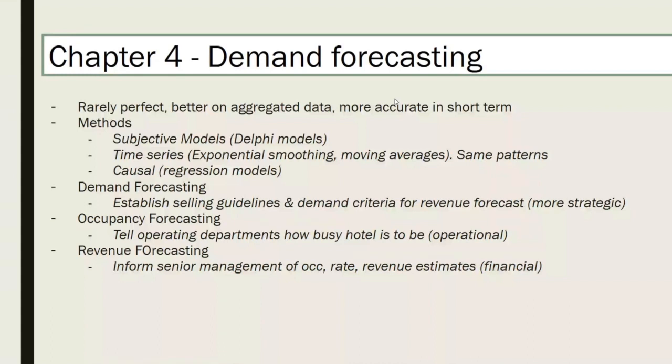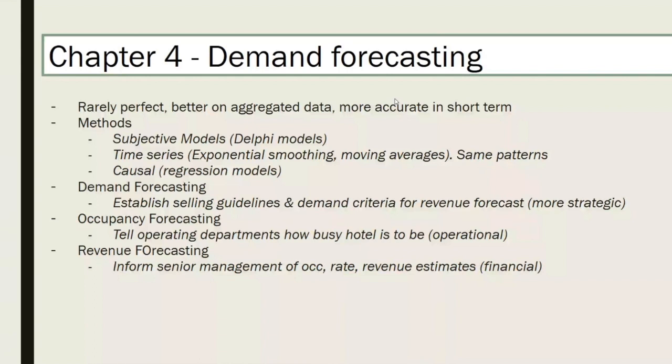You have demand forecasting, which is looking at selling guidelines to establish demand criteria for revenue forecasts. So this is more strategy and represents unconstrained demand. So here you look at facilitating the development of selling guides. You identify excess demand and things like that.